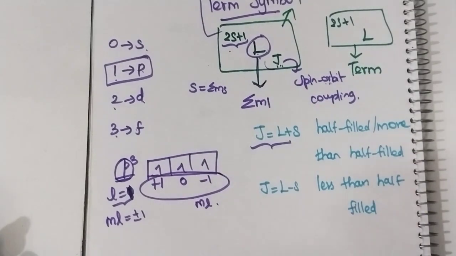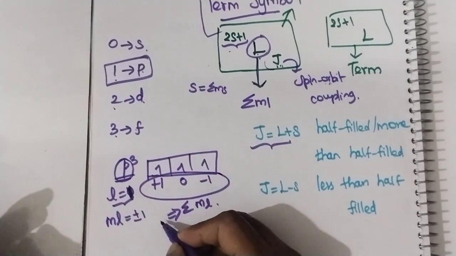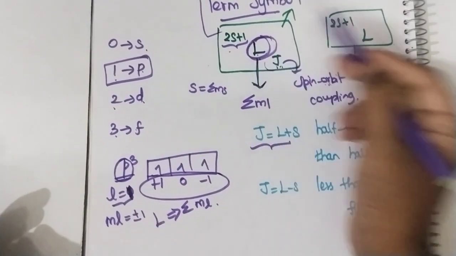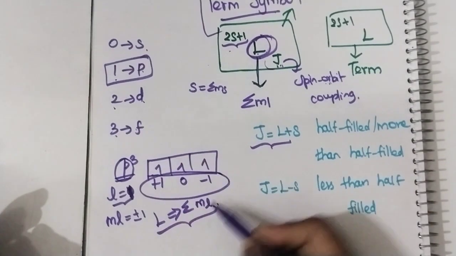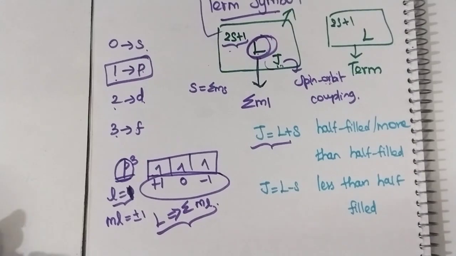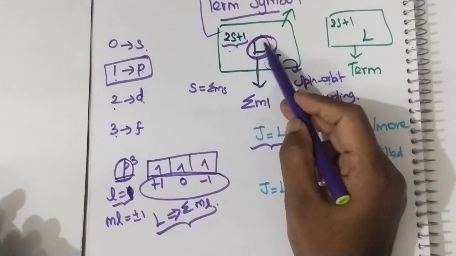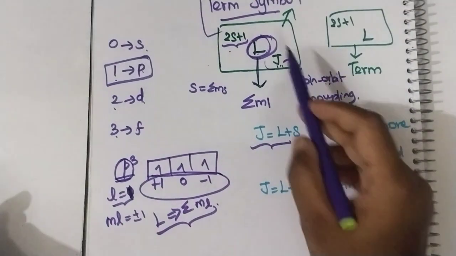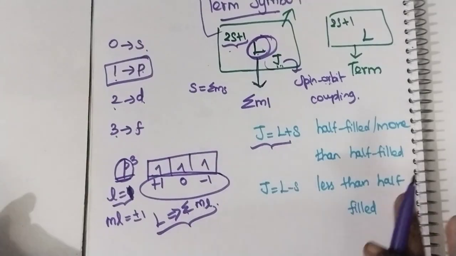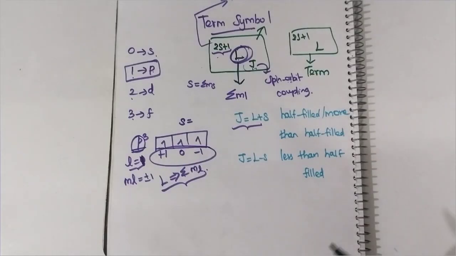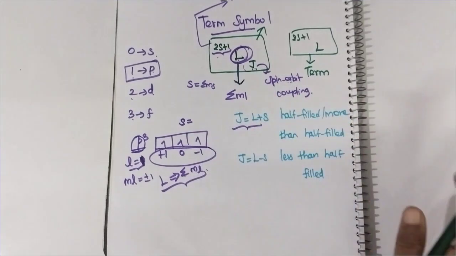If you add these values, it will give you sigma ml, which is nothing but the capital L that is present in the term symbol. So in order to find out L, you have to sum up the ml values.